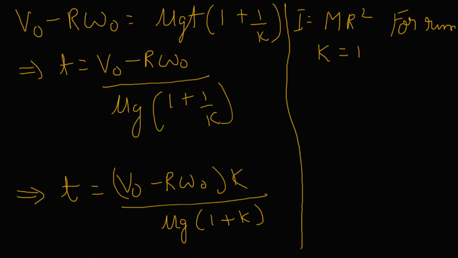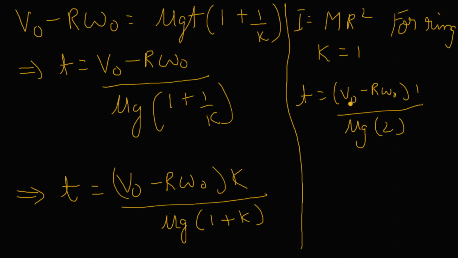Let us put k equal to 1 in this formula. So what do we get? T is equal to v naught minus r omega naught times 1 by mu g into 1 plus k. That's 2. So we got v naught minus r omega naught by 2 mu g.